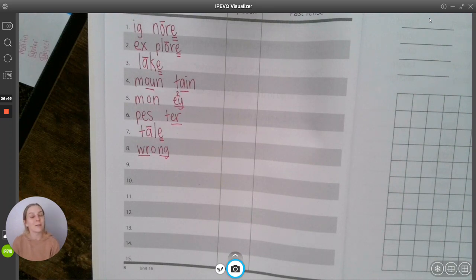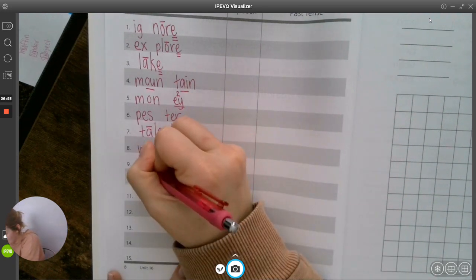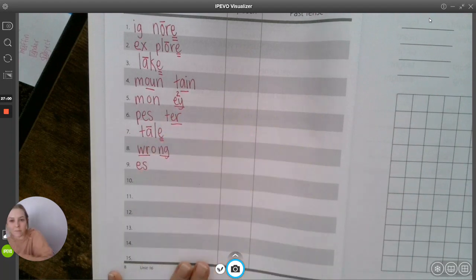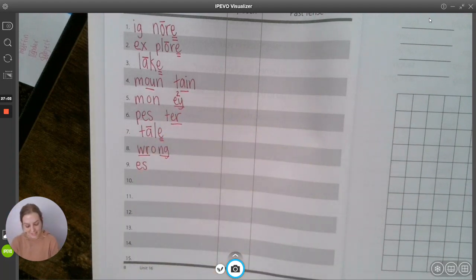Okay. First syllable is as. Sound it out. E-z. Finger spell. E-z. Second syllable is cape. Sound it out. K-A-P. Finger spell.